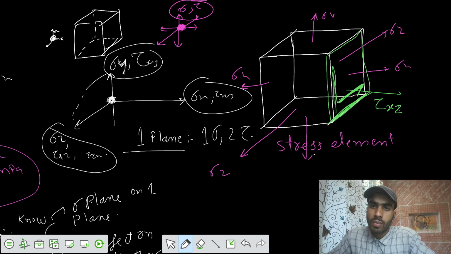So what is the stress value of this one, how should I represent it? I draw the outward normal, so it is shear stress on the y plane, and the direction is in the x, so I can write tau yx.